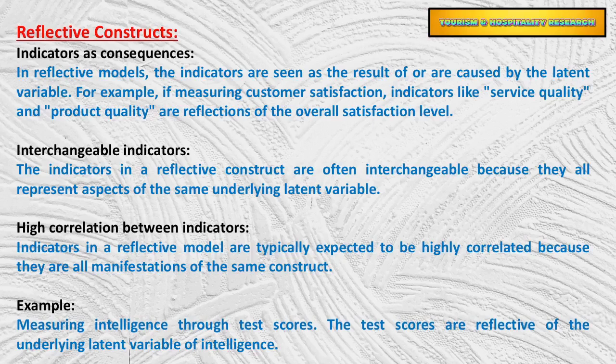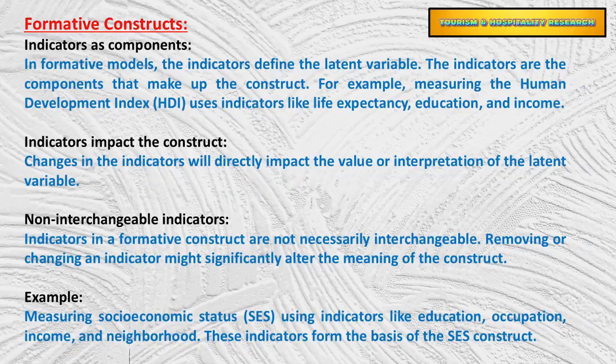These indicators are often interchangeable because they all represent aspects of the same underlying latent variable. High correlation between indicators. Indicators in a reflective model are typically expected to be highly correlated because they all are manifestations of the same construct.